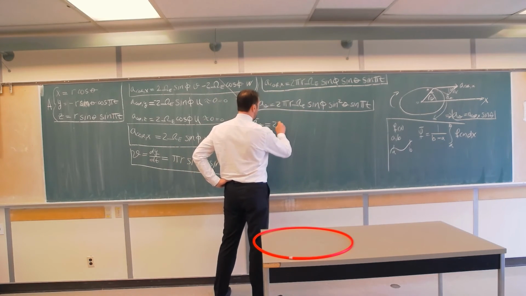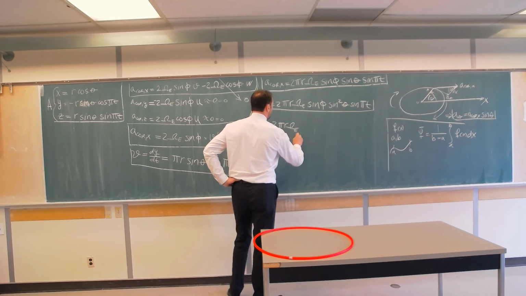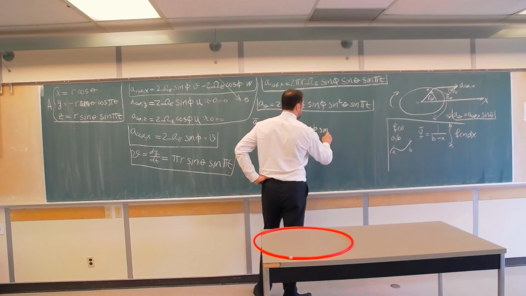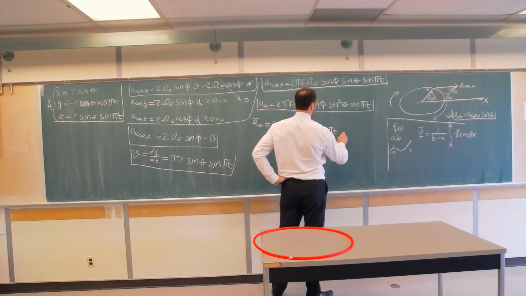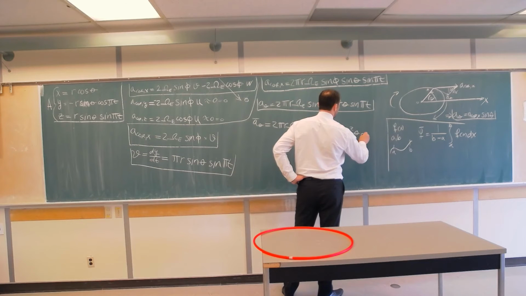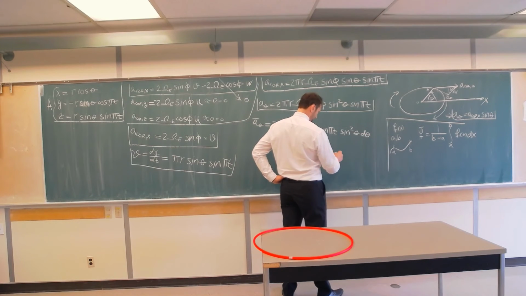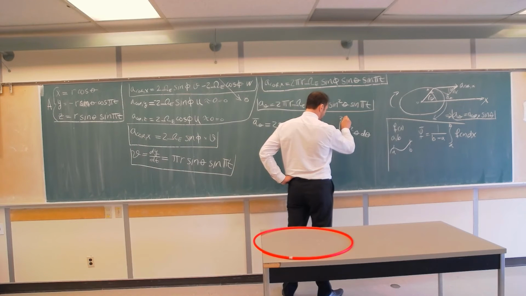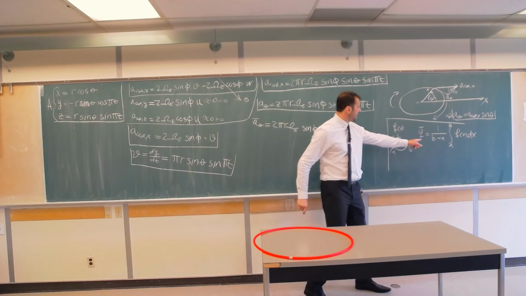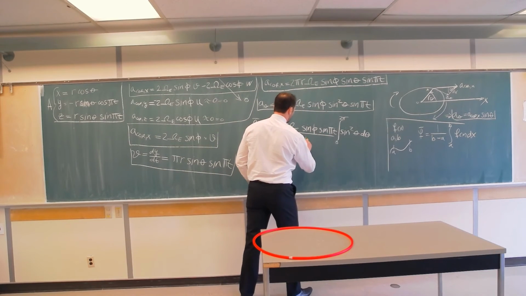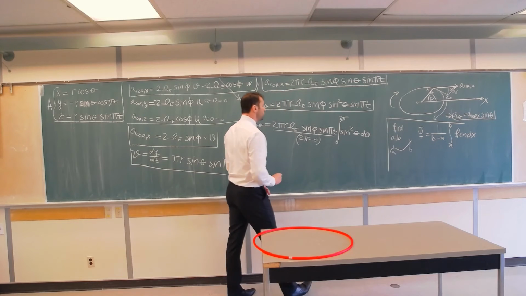So it will be 2 pi r omega of the planet Earth sine phi, sine pi t, sine square theta d theta, integral from 0 to 2 pi, and now I have 2 pi minus 0, so I have to divide this with 2 pi minus 0, which is just 2 pi.